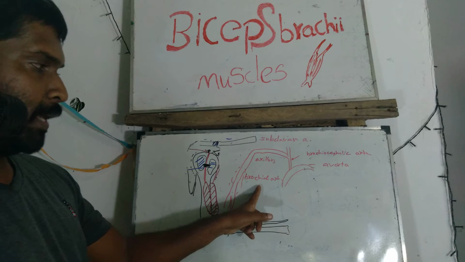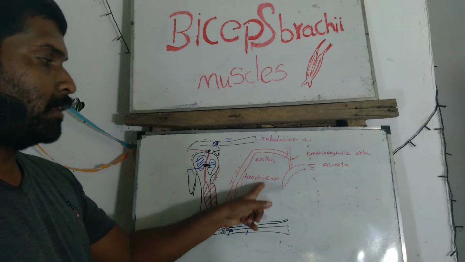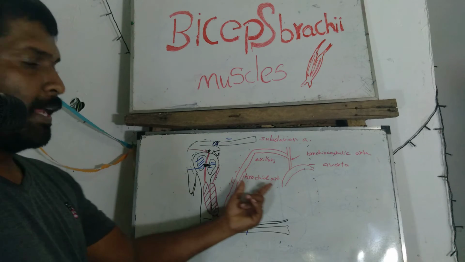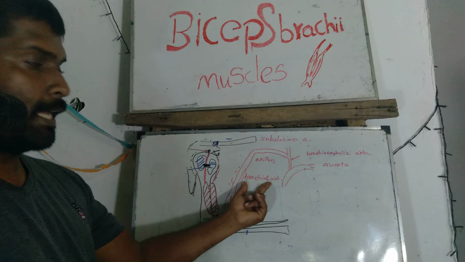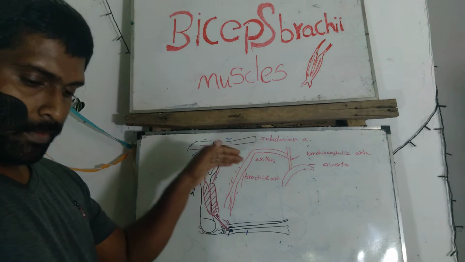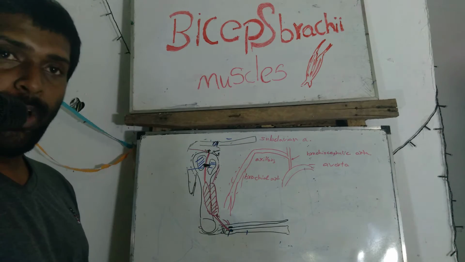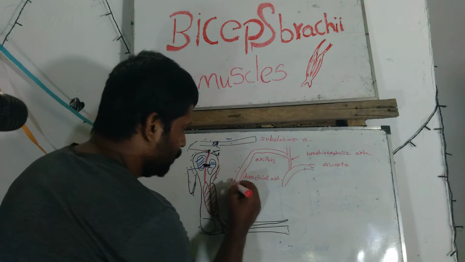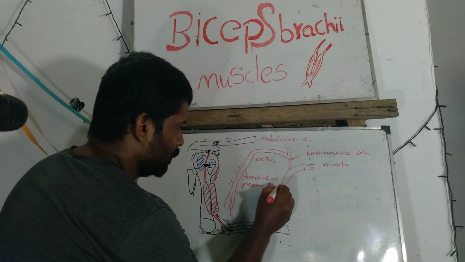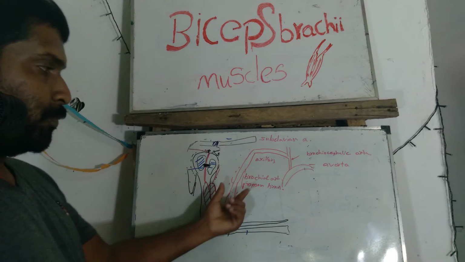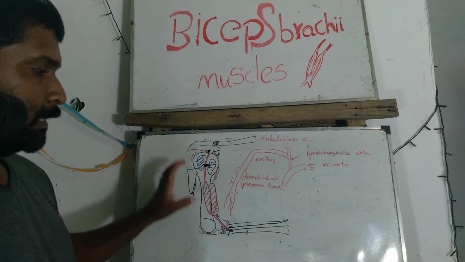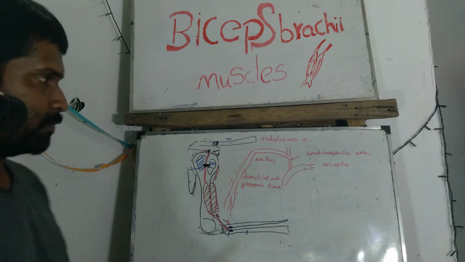This is the brachial artery, which gives the blood supply to the biceps brachii muscle. The brachial artery also supplies the deep arterial supply to the muscle, the profunda brachii. The profunda brachii artery and the brachial artery give the arterial supply to the biceps brachii muscle.